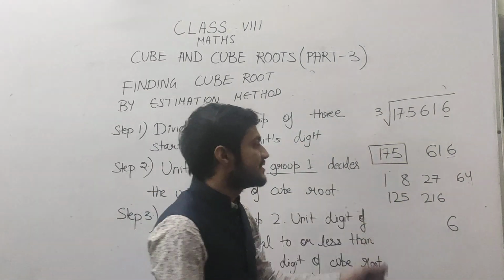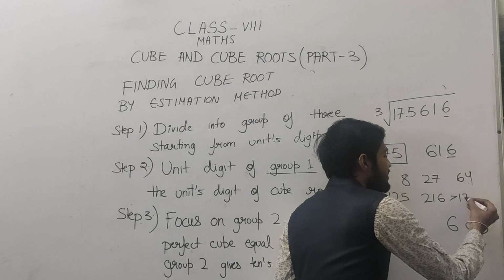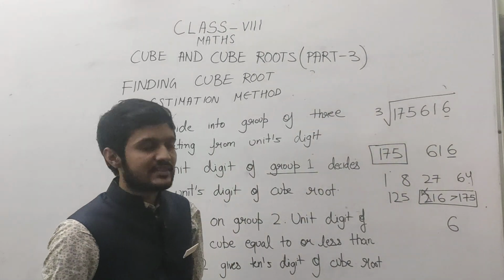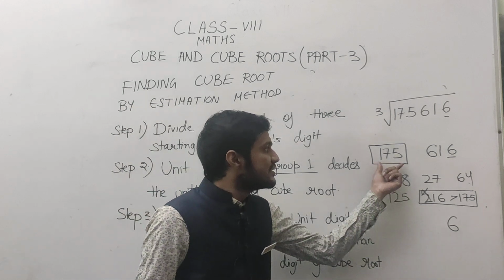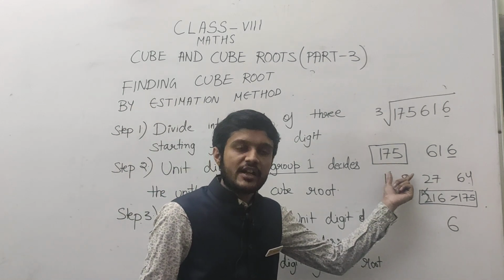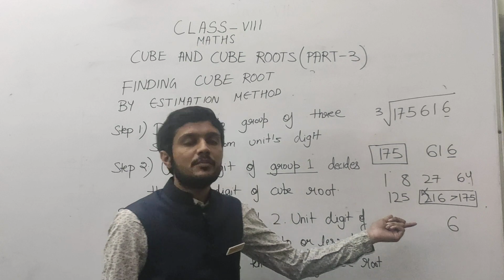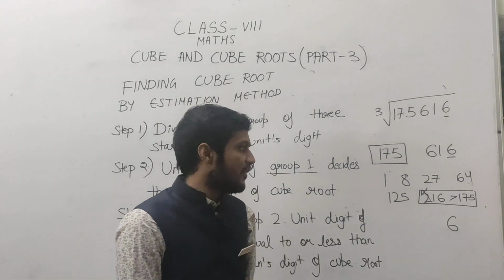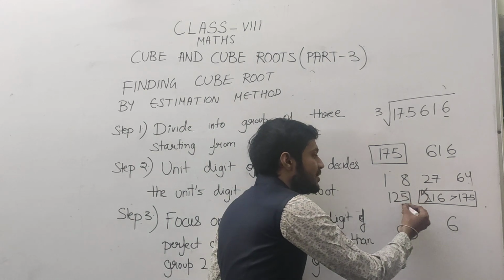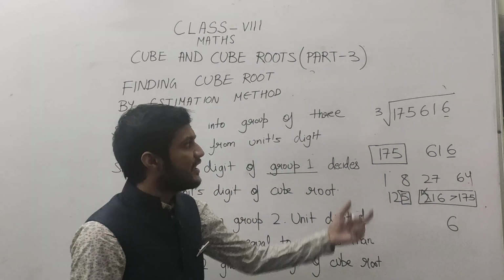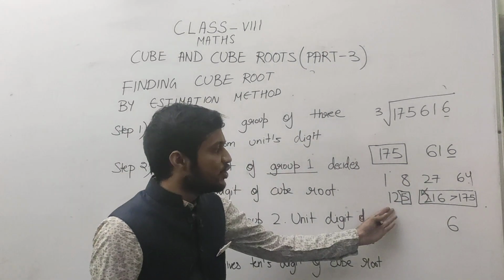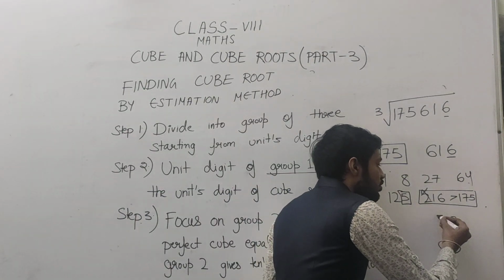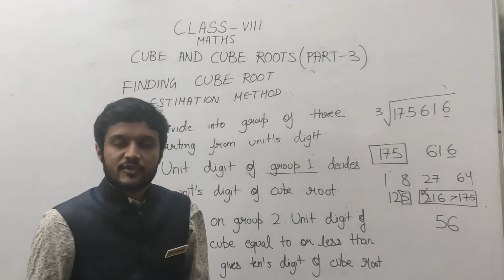So 216 is greater than 175, so we can't take this number. The perfect cube less than 175 is 125. The unit digit of this number will be the tens place digit of the cube root. The unit digit of 125 is 5. So the cube root of this number is 56.